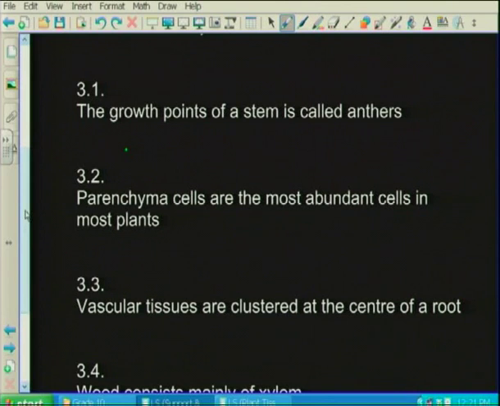So the growth points of a stem is called the anthers. This is wrong. It's false, because the growth points of a stem is called the meristem. It's not called the anthers. This is wrong.